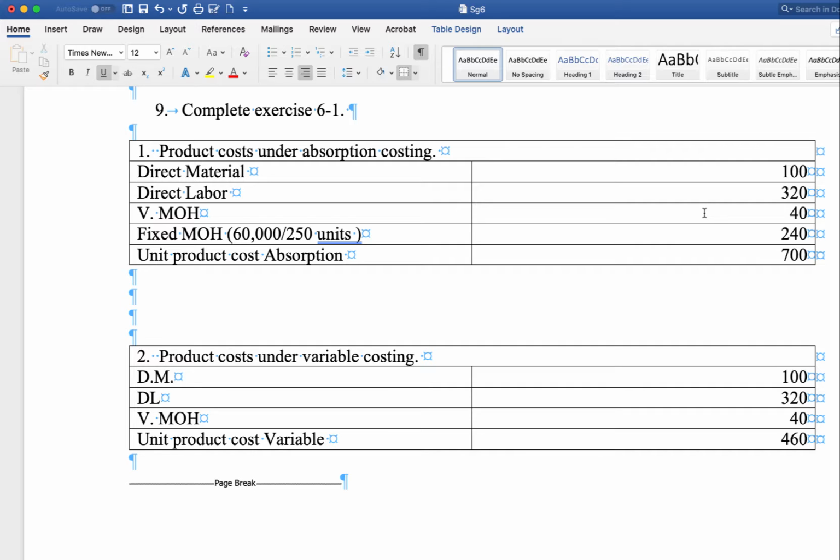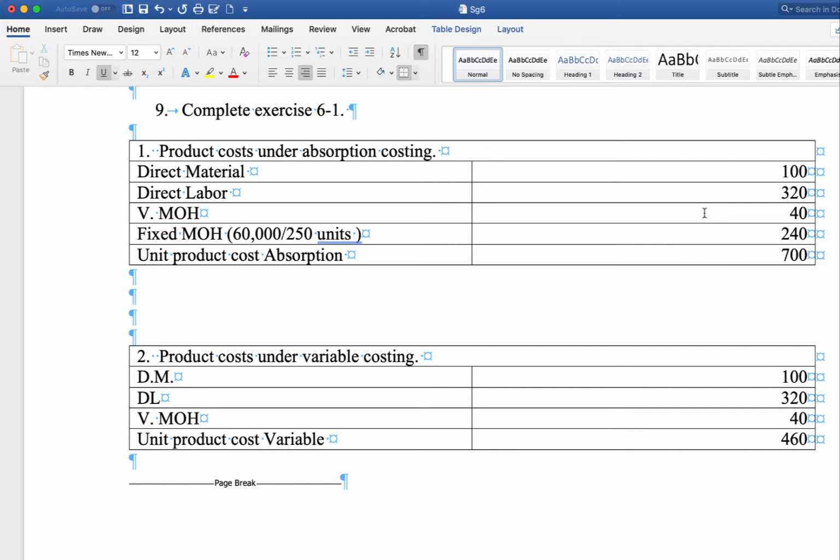Now, the variable method says that when we calculate the unit product cost, we only use the variable product costs, meaning direct material behaves in a variable fashion, direct labor behaves in a variable fashion, and obviously variable manufacturing overhead behaves in a variable fashion. Those are the only three costs that become part of the unit product cost.